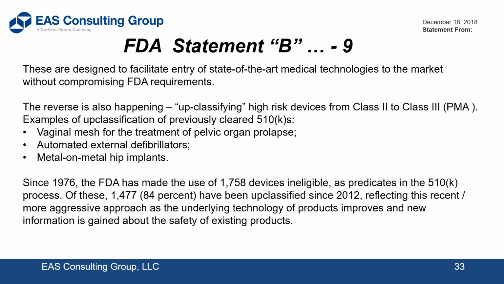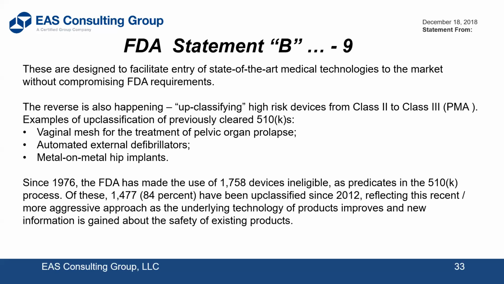Now, I just want to mention here that the FDA also, in reviewing all of these things, has realized there are some cases where devices have to be up-classified. One example mentioned here was automatic external defibrillators. I remember this a few years ago. They used to be class 2 devices, but they were moved to class 3. That meant the companies that were already selling them, that had clearance under class 2, weren't pulled from the marketplace, but they had to readdress the kind of issues that would be dealt with in class 3.